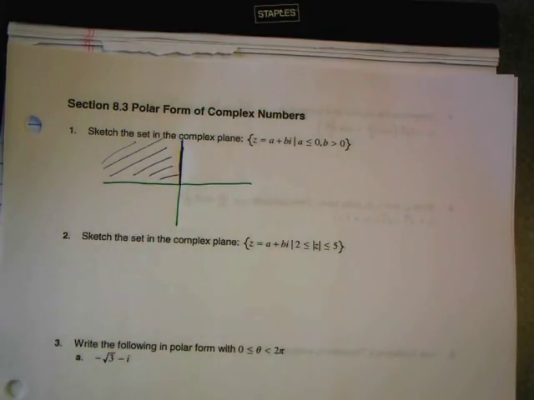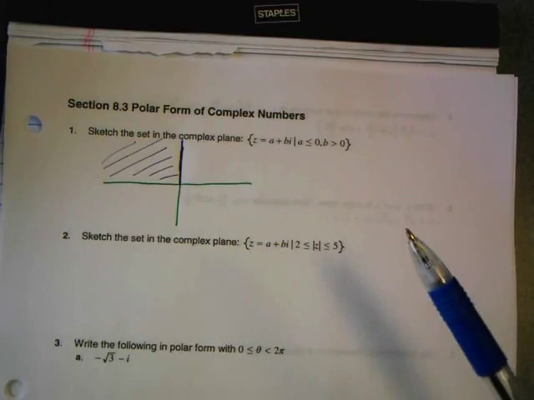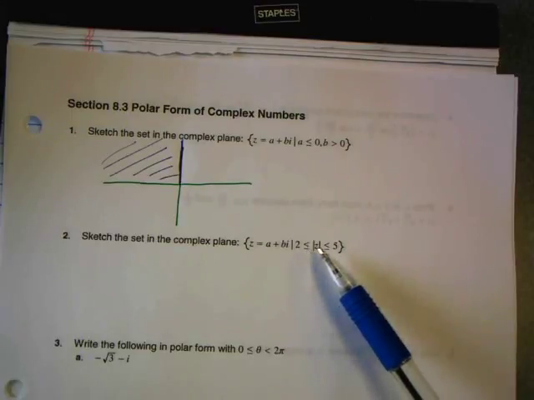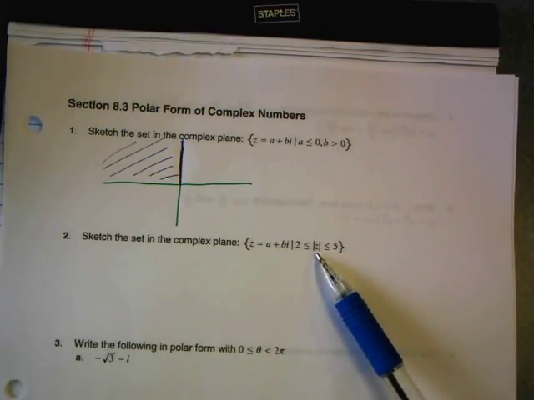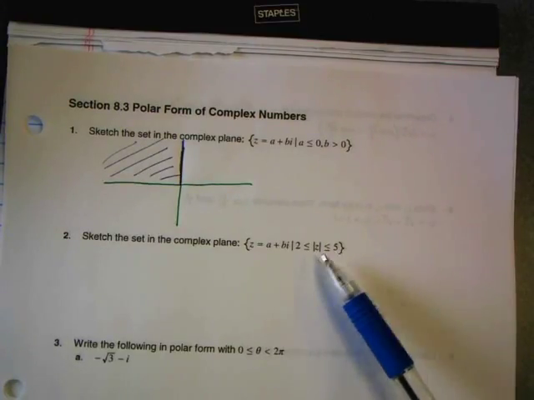All right, number 2, we have a fancy new symbol here. z equals a plus bi, where 2 is less than or equal to, what would you call that? It looks like absolute value, but absolute value is only a thing with real numbers. Now we're dealing with complex numbers, less than or equal to 5. In terms of complex numbers, here's what this is.